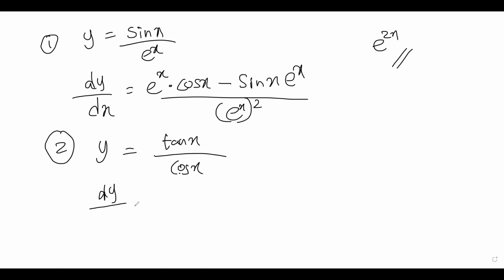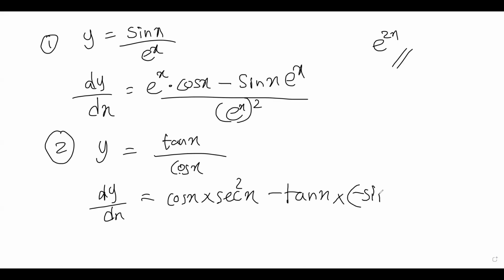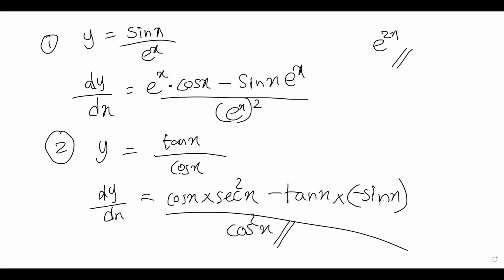It should be dy by dx equal to, first of all write cos x and derivative of tan x, it should be sec squared x minus, and write upper one tan x into derivative of cos x, it is minus sin x, and divide by down one square, it is cos squared x. You can write like this. Here minus into minus, it becomes plus. Minus into minus, it becomes plus. You can write like this, no? Yes.